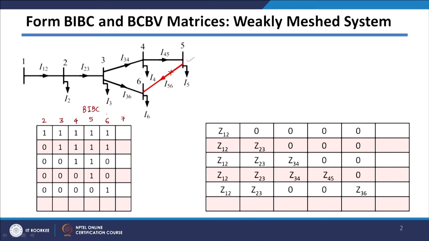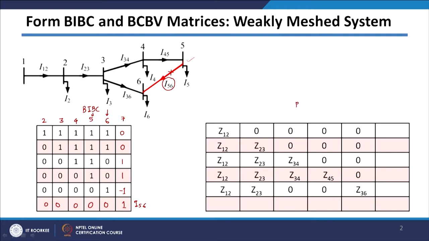If you subtract column 6 from column 5, you will get column 7. The subtraction will be 0 because 1 minus 1 is 0, 1 minus 1 is 0, here it will be 1, here it will be 1, and here it will be minus 1. Since the last column corresponds to the branch current which is forming the loop, here we get I56, we put 1 here, and all other entries we put 0. This is how we get the BIBC matrix for a weakly meshed system.